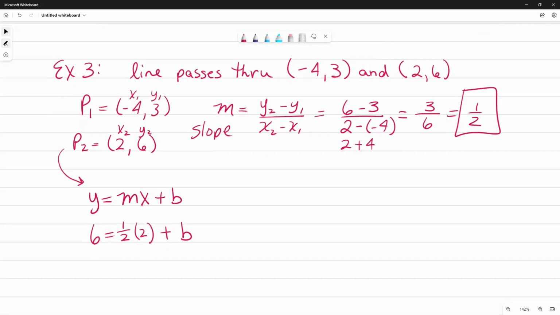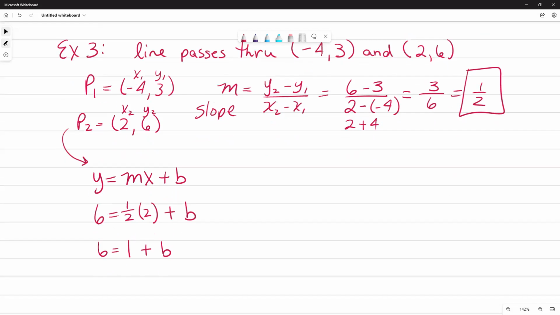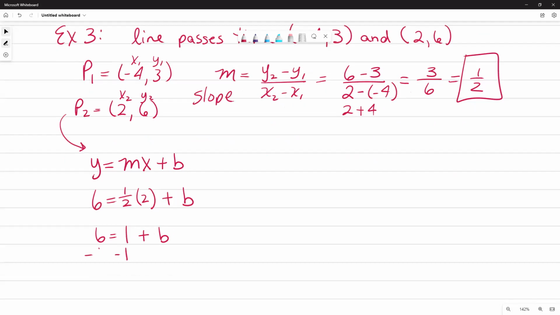And b is my unknown. So what is 1/2 of 2? What is half? Think, what is 1/2 of 2? It's just 1. So we subtract 1 from both sides, and this graph is going to intersect the y-axis at +5.